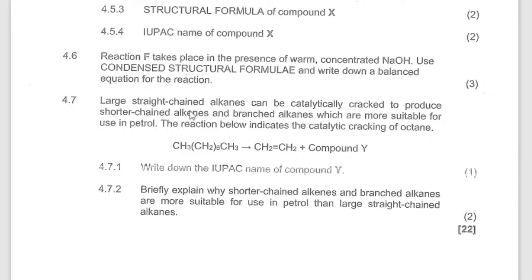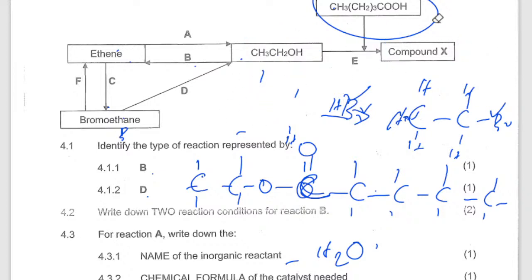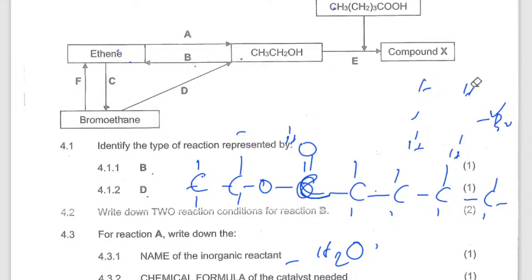They're saying compound F, where is compound F? Oh, reaction F. So basically, they are looking for you to write the balanced equation. The balanced equation, how are you going to write it?